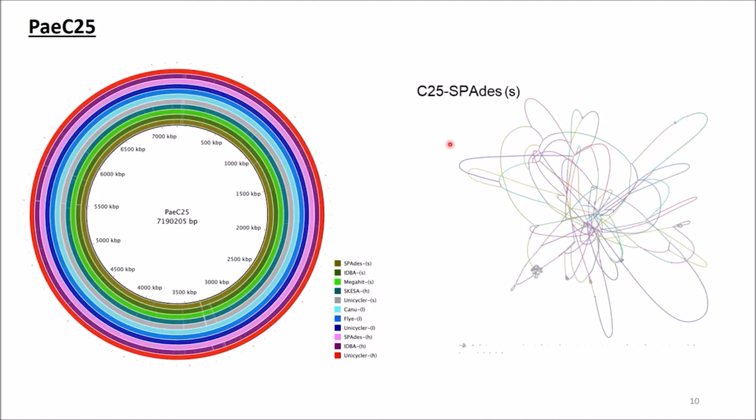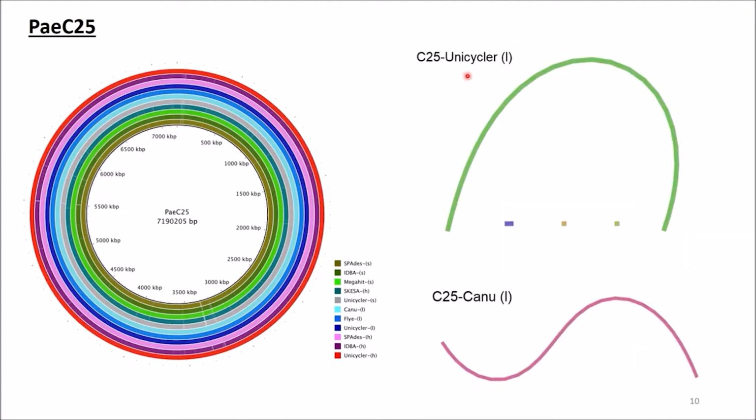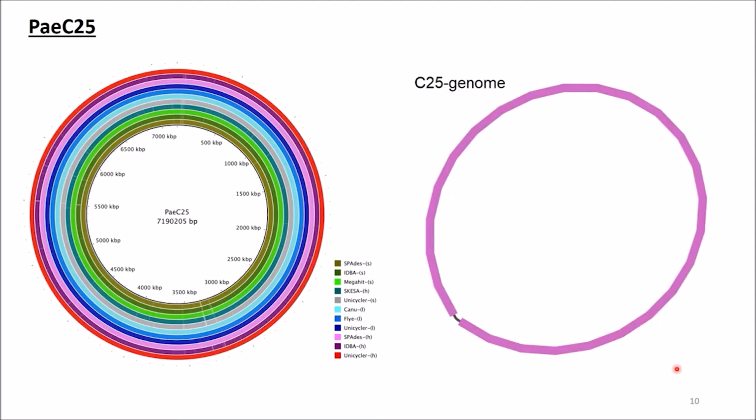For example, here we have the case of the short-reads-only approach for SPAdes using Illumina data with a very complex graph. This contrasts with the result for long-reads-only mode with a few pieces, but in the case of Canu, only one piece, but not circular, which contrasts with the expected assembly, a single circular sequence for C25.